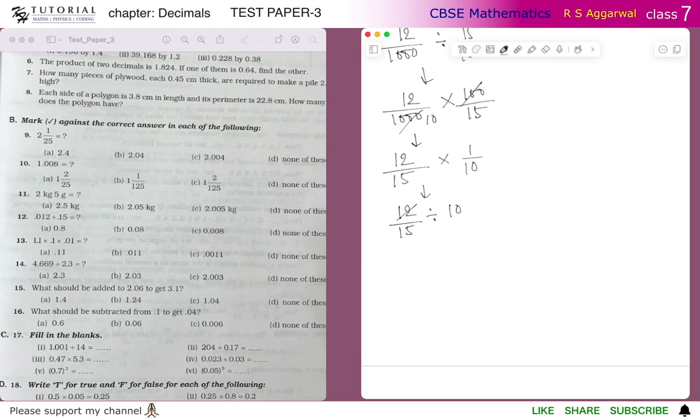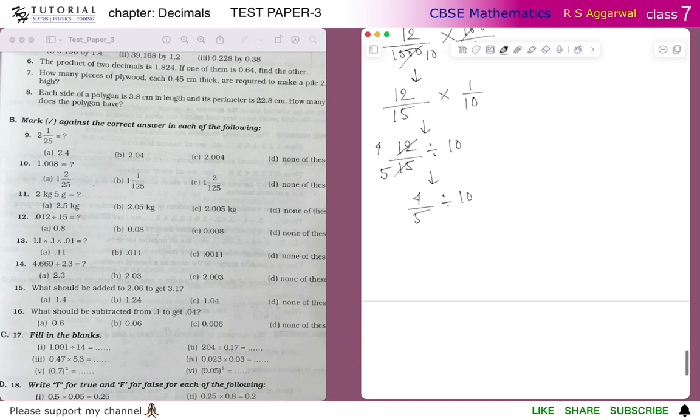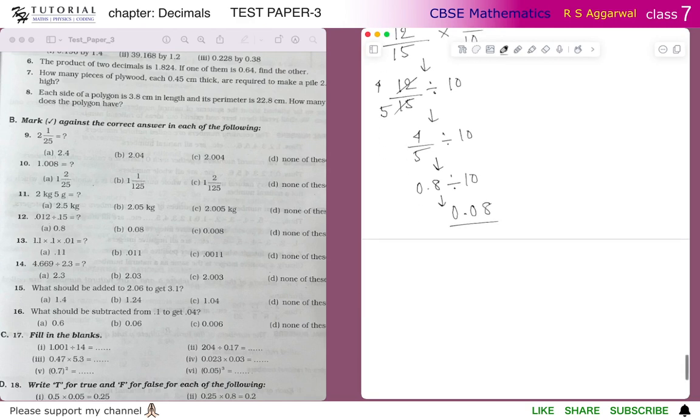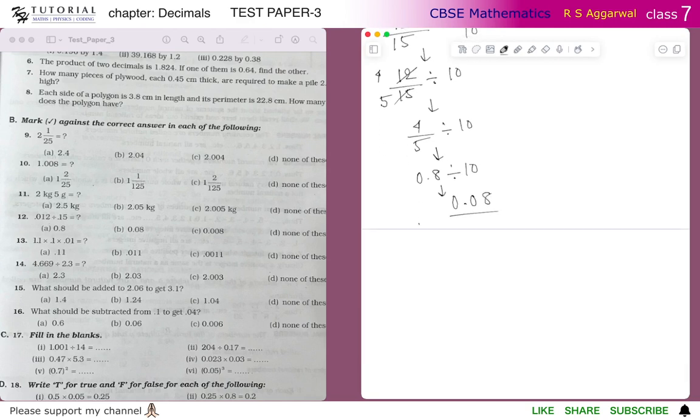So if we reduce it further, we have 4 by 5. So this is 4 by 5 divided by 10, and 4 by 5 is 0.8 divided by 10. So this becomes 0.08. 0.08 is the result. So the answer is choice B.